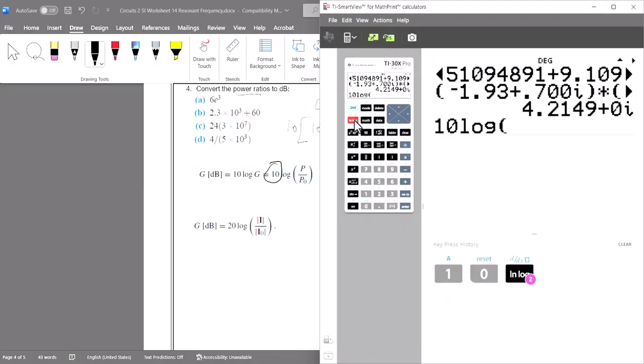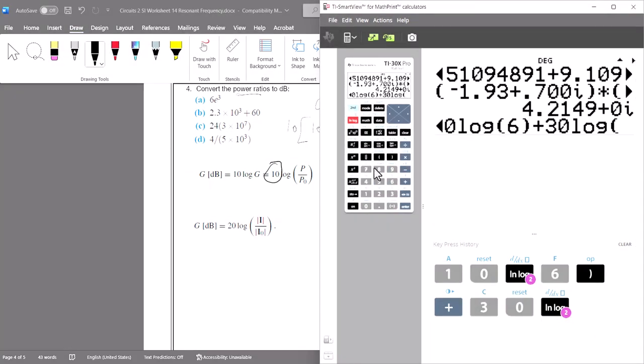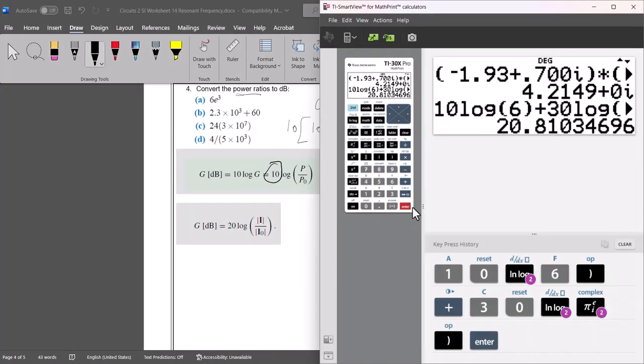And that's common log, which is log base 10. And I get 20.81 decibels.